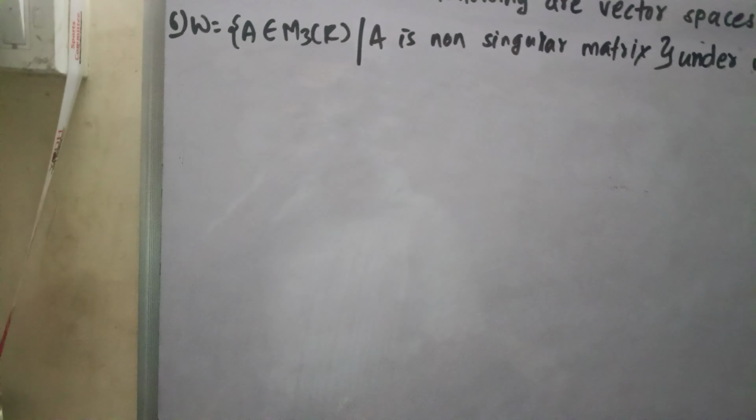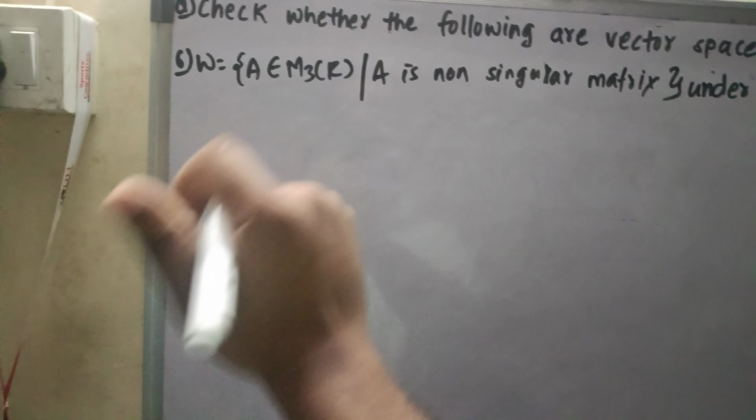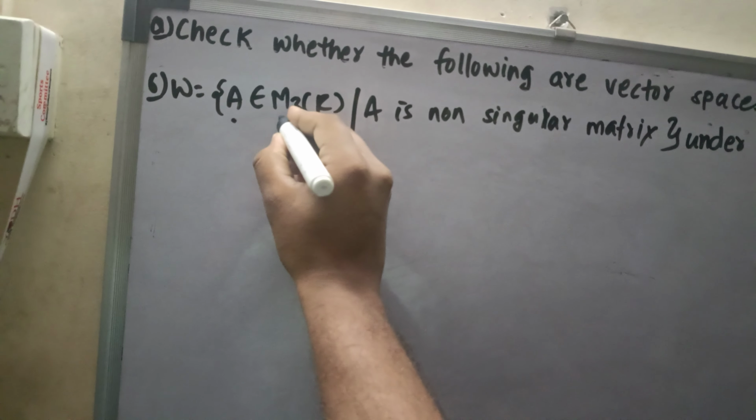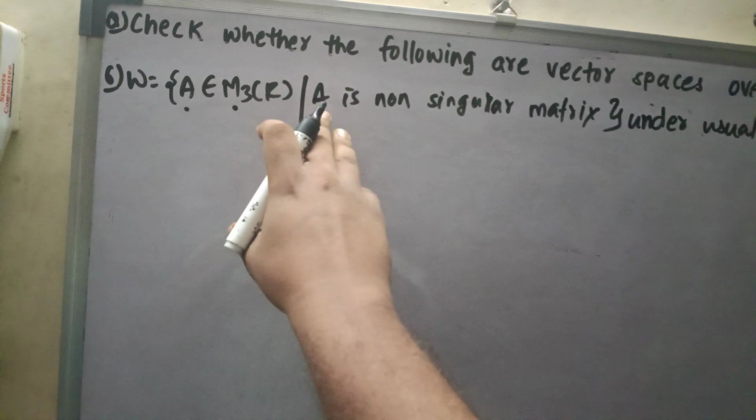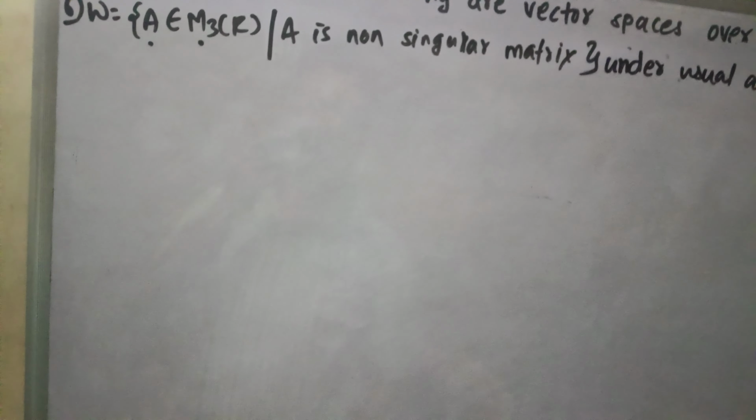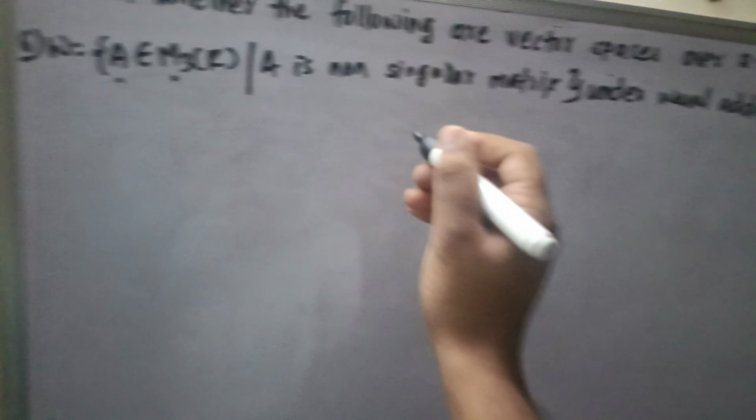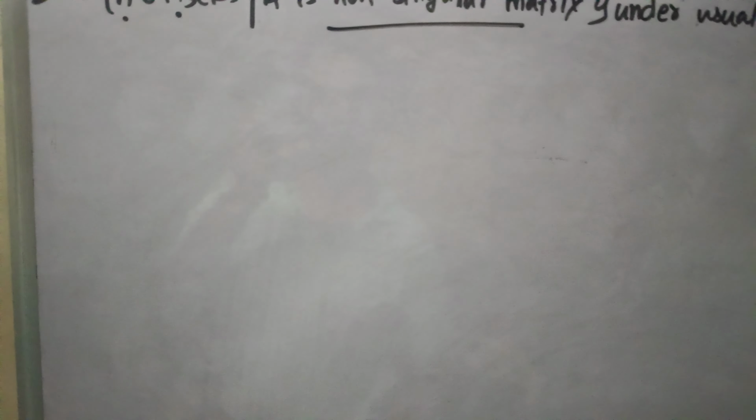For this question, we have a set W which has element A belonging to 3 by 3 matrices, wherein A is a non-singular matrix under usual addition and scalar multiplication. First of all, what is a non-singular matrix?